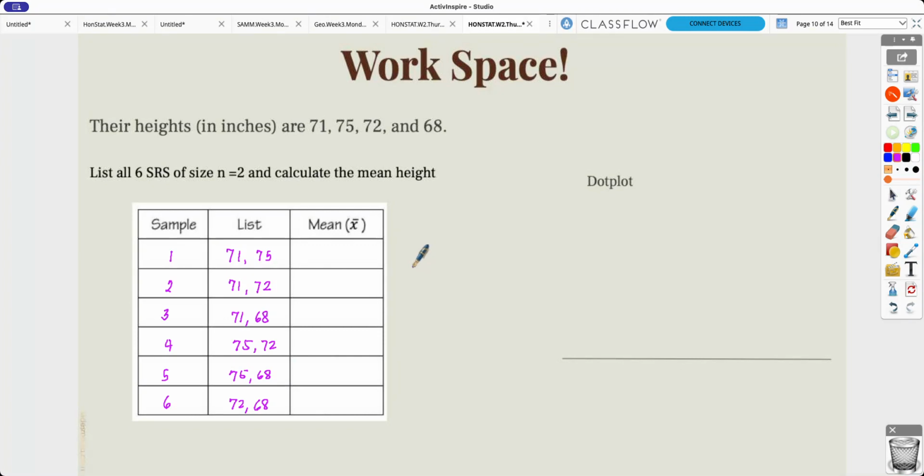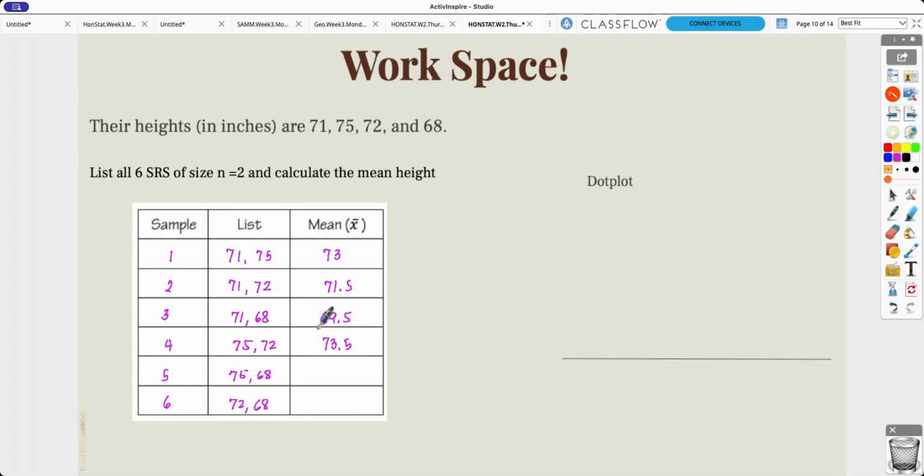Now we want to find the mean. How do we find the mean? We'll have to add the 2 values and then divide by 2. So for the first one, we do 71 plus 75 divided by 2, and that gives us 73. 71 plus 72 divided by 2 is 71.5. 71 plus 68 divided by 2 will give us 69.5. 75 plus 72 divided by 2 will give us 73.5.